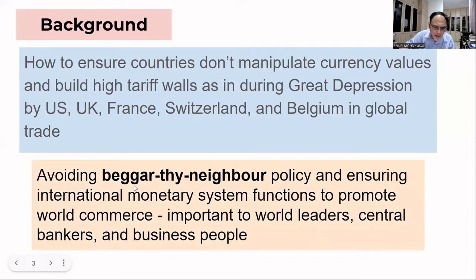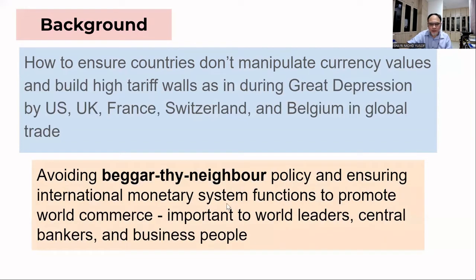And secondly, the big issue of avoiding beggar thy neighbor. We'll see this policy afterwards, whereby countries try to make themselves better, trying to protect themselves, protectionism through currency manipulation.